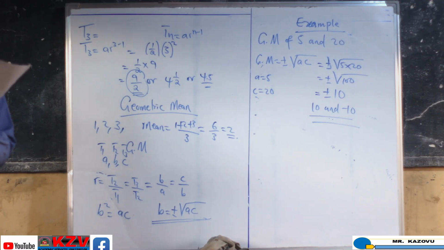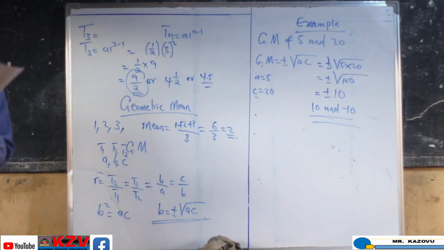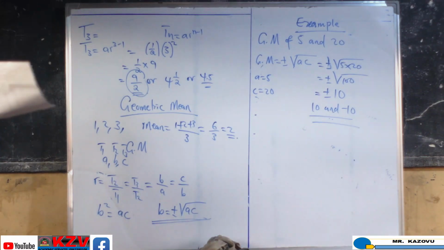Find two possible values for the geometric mean of 16 and 36. I've skipped B and gone to C. Have you seen that one?